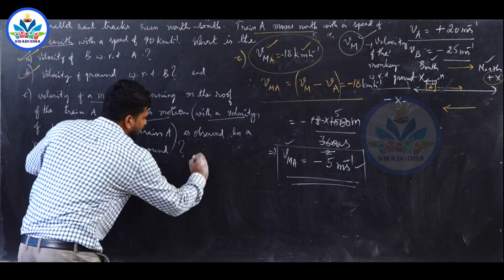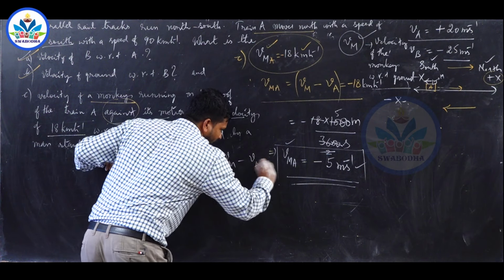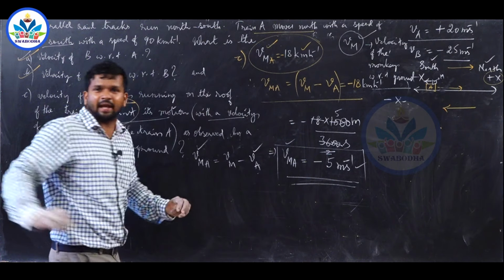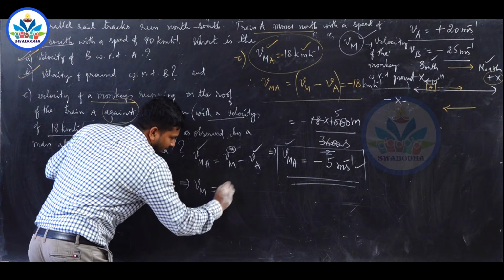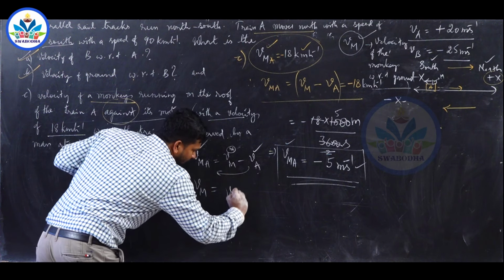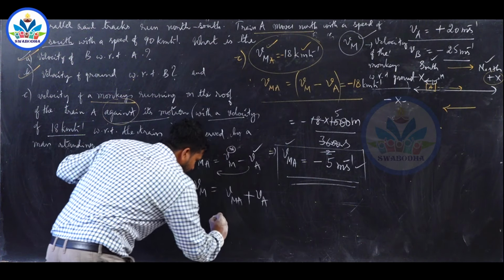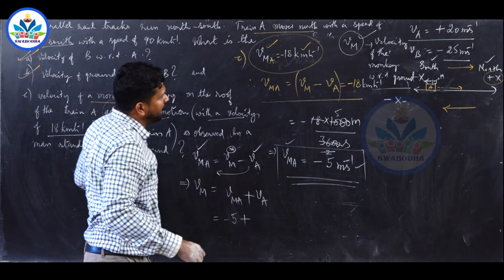We know that Vma equals Vm minus Va. Vma is given, Va is known. You are supposed to find Vm. Therefore, I will arrange for Vm. Vm equals Vma plus Va, that is minus 5 plus Va.